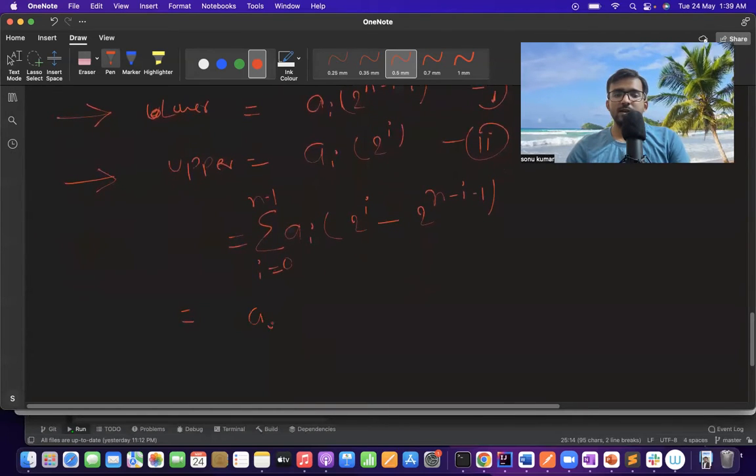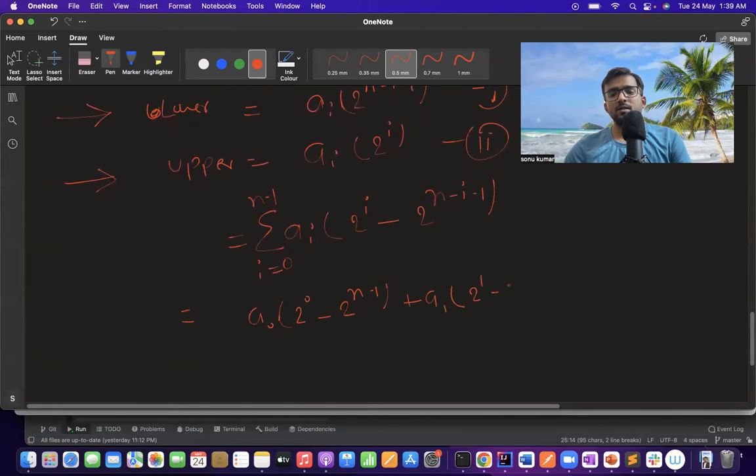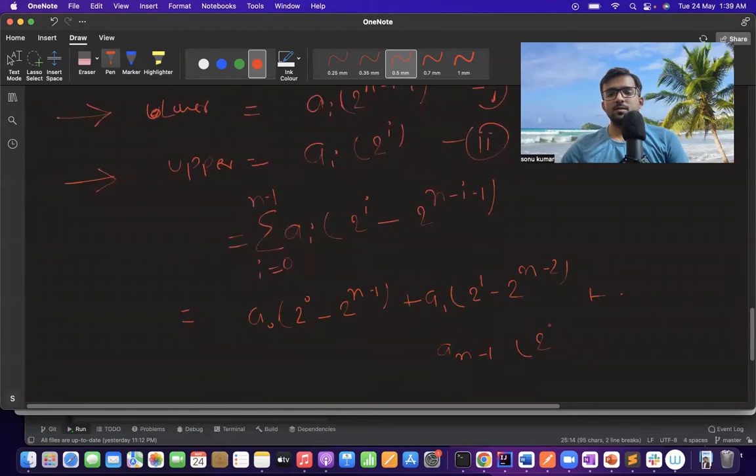Here we can write a0 into 2 raised to power 0 minus 2 raised to power n minus 1, plus a1 into 2 raised to power 1 minus 2 raised to power n minus 2 if we put i equal to 1, and so on, up to a n minus 1 into 2 raised to power n minus 1 minus, for i equal to n minus 1, 2 raised to power 0.